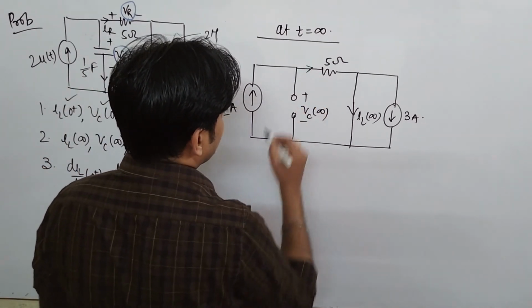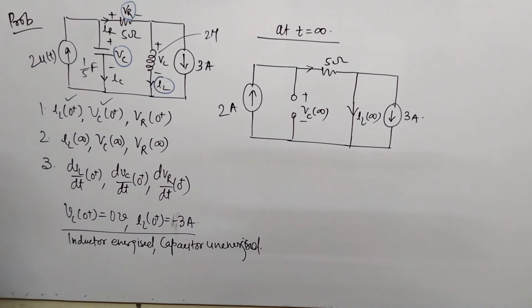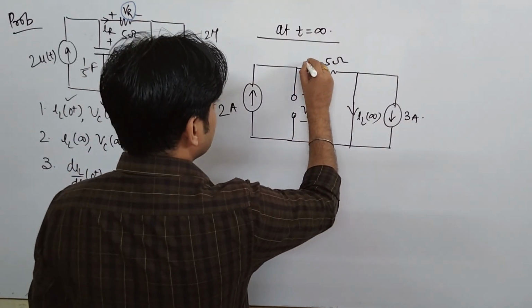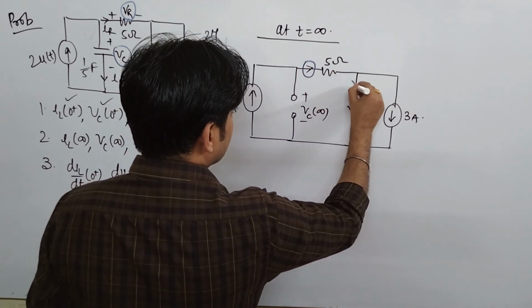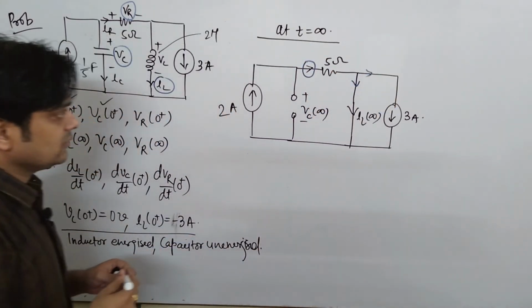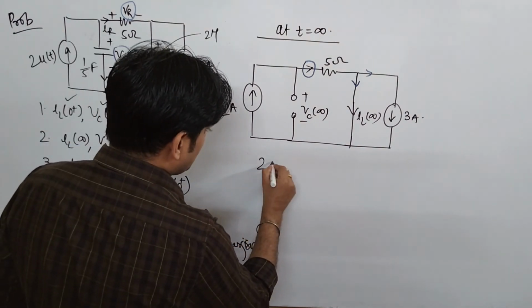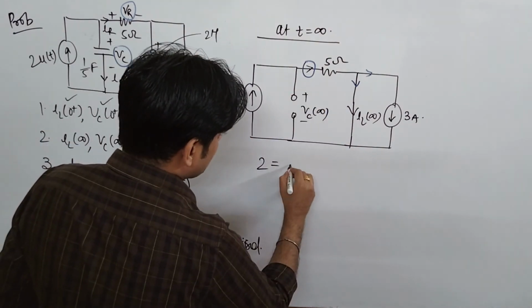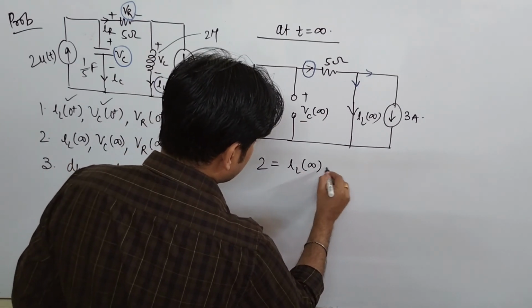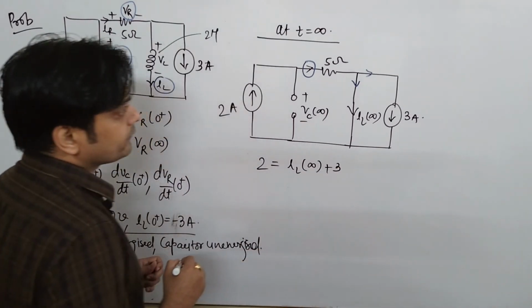Now if you see the current here, this current is the sum of these two currents. You can say that this 2 ampere current which is flowing is the sum of IL(infinite) plus 3.